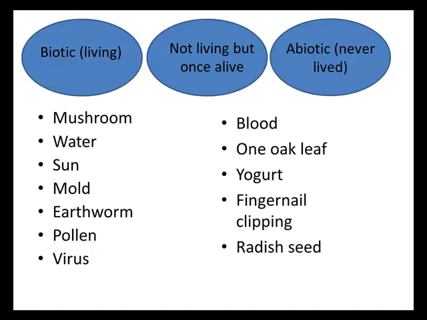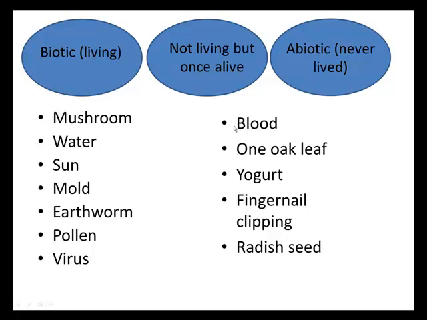Okay, so it might seem straightforward even after showing you the viral example, but what about some of these other things? When you really get down to it, how do you know what's living and what's not living? Some of these are obvious, so mushrooms are living, the sun is non-living, but some of them are in between. So what about something like pollen, or a single oak leaf that's fallen to the ground?